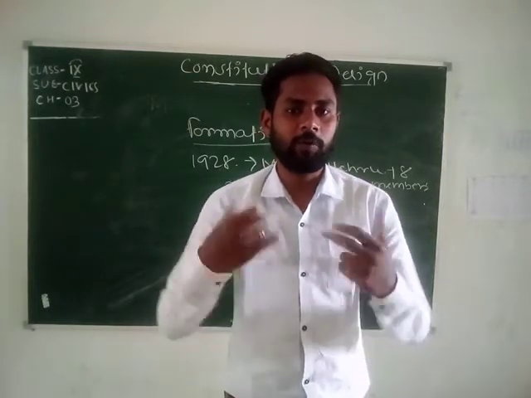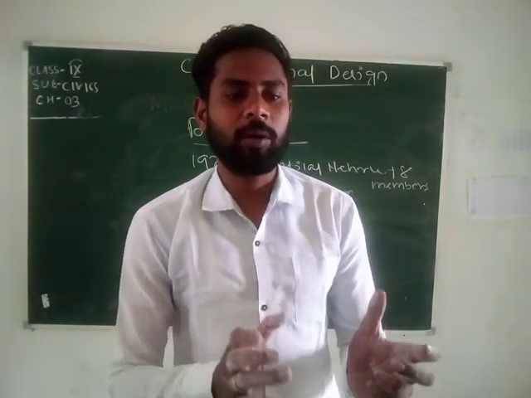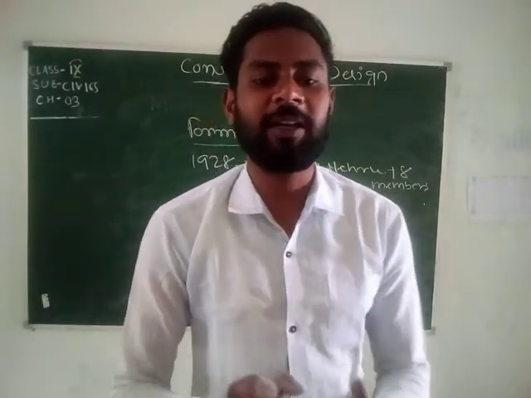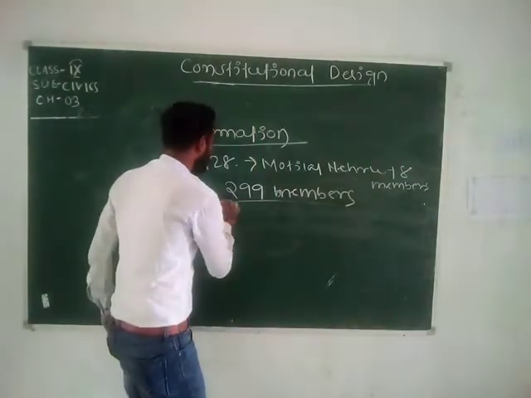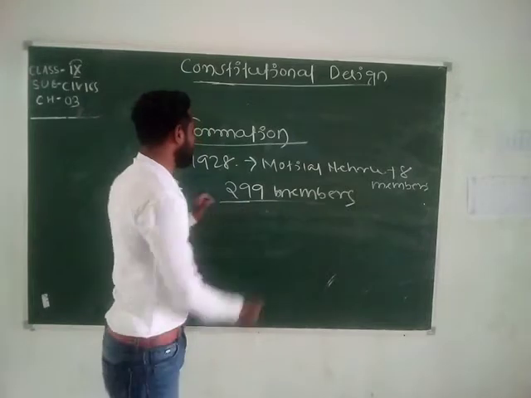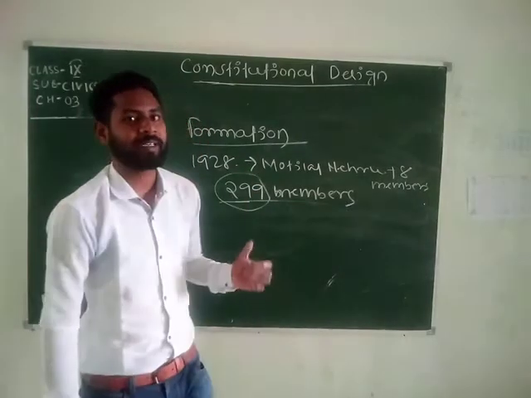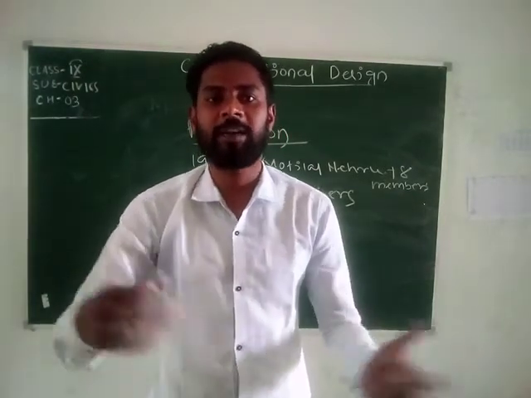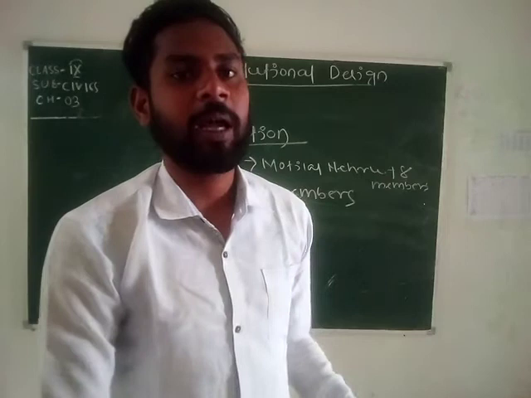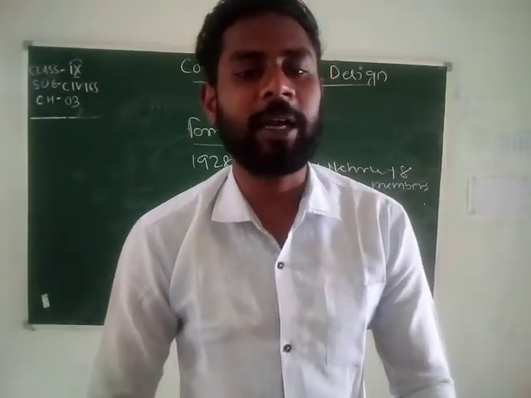Got it? And we should follow our constitution because it was made by very different types of people. There were 299 members in this body, having different ideas, belonging to different societies, backgrounds and religions. So everyone's needs were taken care of.